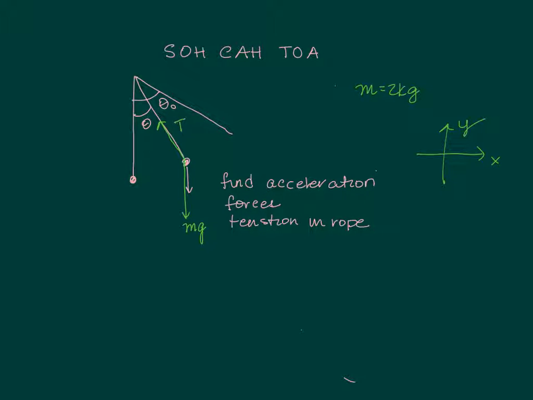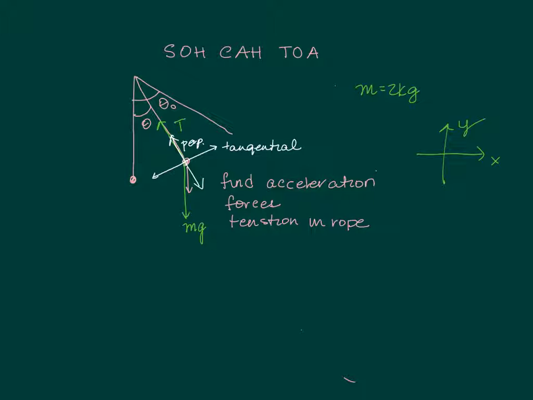So the coordinate directions are this and this. So the white represents a coordinate system that we could call x and y, but it might be better to call it tangential and perpendicular.